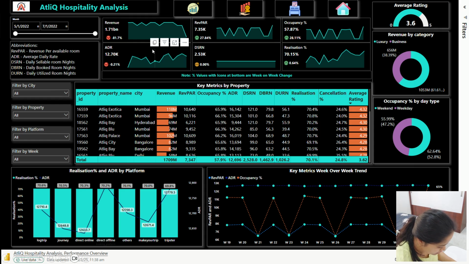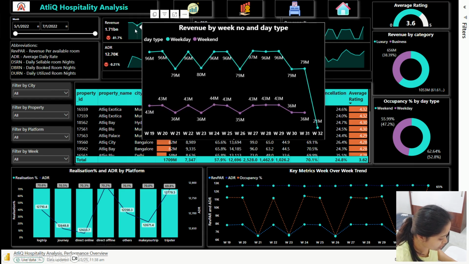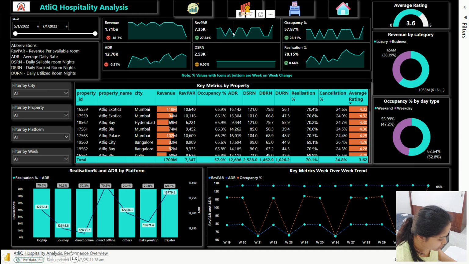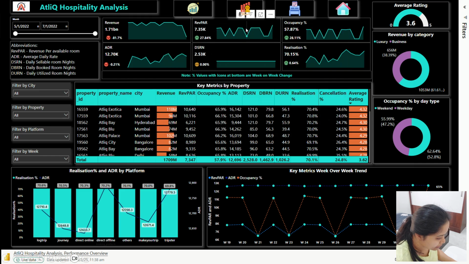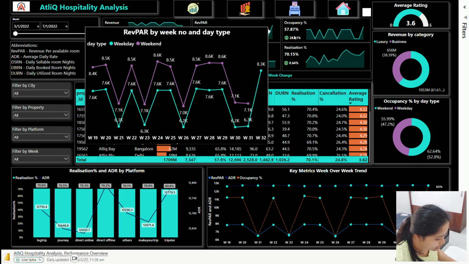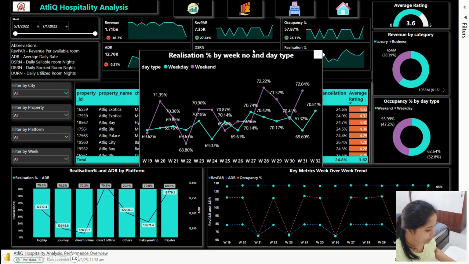If we hover the cursor on one of these cards, it shows the weekday and weekend revenue difference for each week. Similarly for RevPAR, ADR, occupancy percent, and for all the cards.